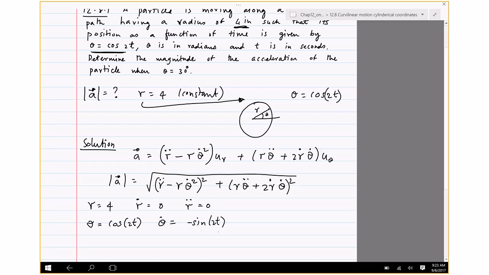I also need to take the derivative of 2t, which is 2. So theta dot is minus 2 sine 2t. And then finally theta double dot: the derivative of sine is cosine, and then I have to take the derivative of 2t, so that's 2.